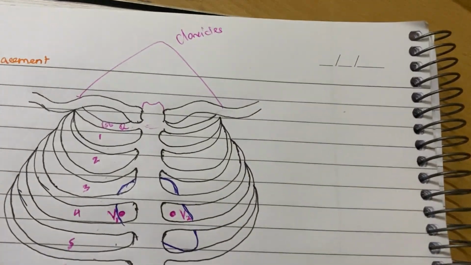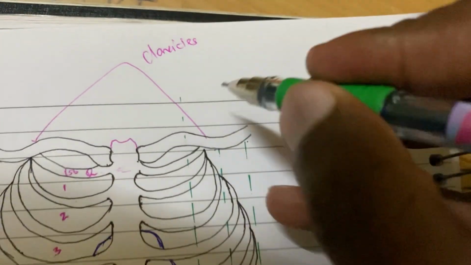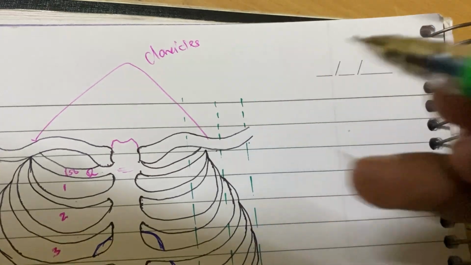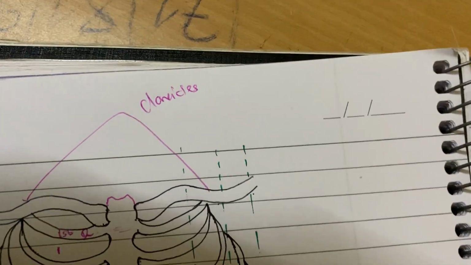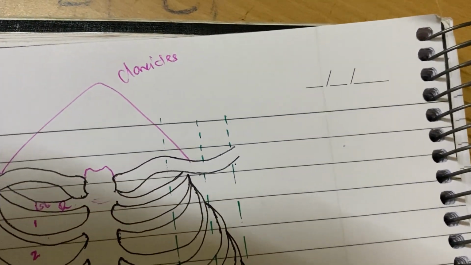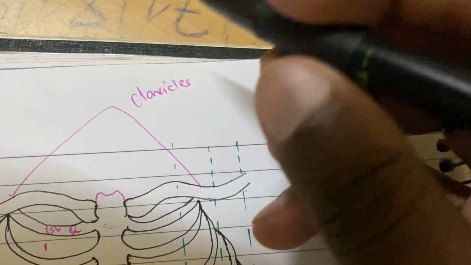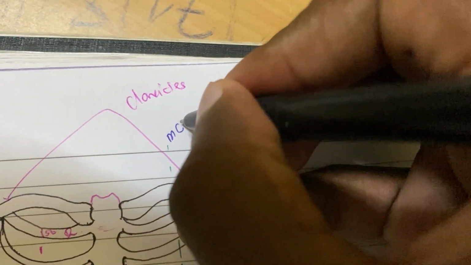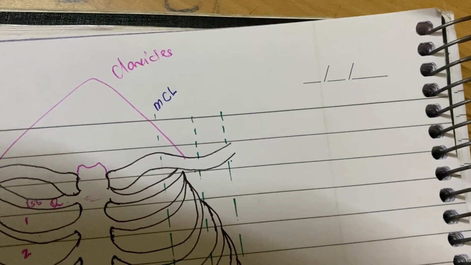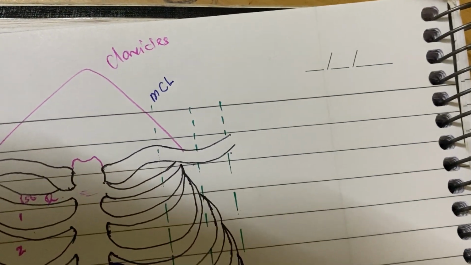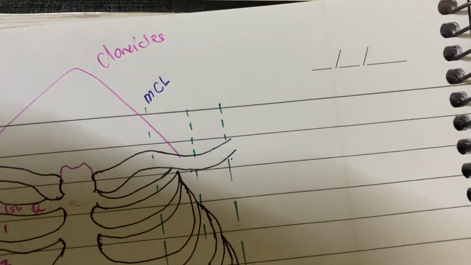And then, before I continue, we have these three lines, these landmarks. We name them like this. This one cuts into the middle of the clavicle, and it's called the mid clavicular line. This one, the first one. Then the second one cuts at the start of the axilla, anteriorly.